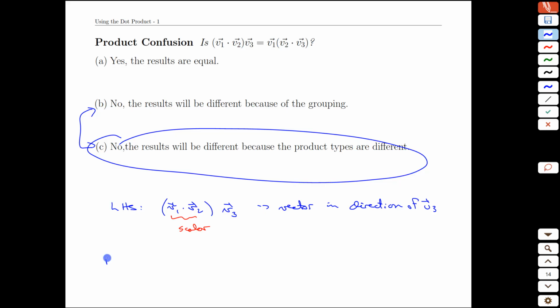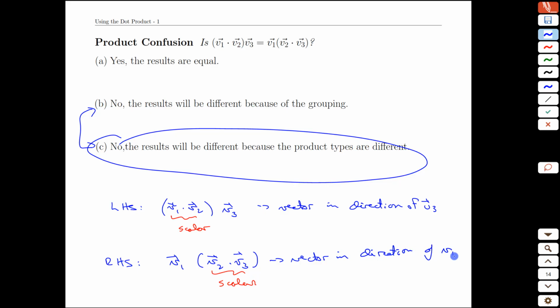If we compare that with the right-hand side, here we have v1 first times v2 dotted with v3. The dot product is going to turn these two into a scalar. And so this right-hand side is going to be a vector in the direction of v1.